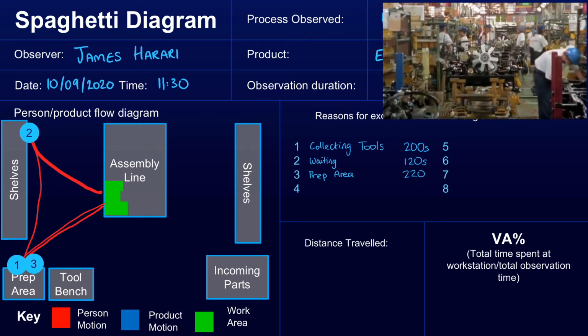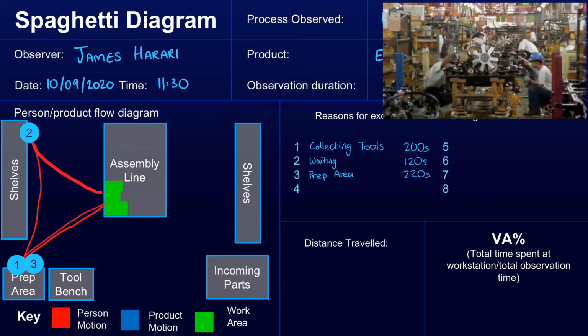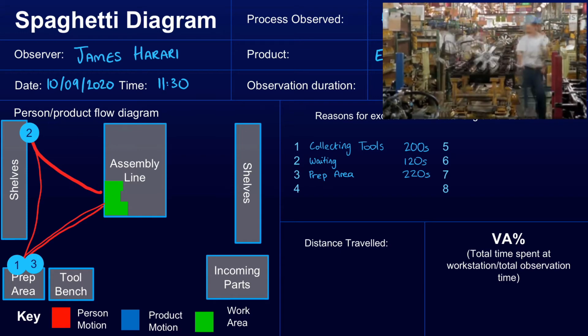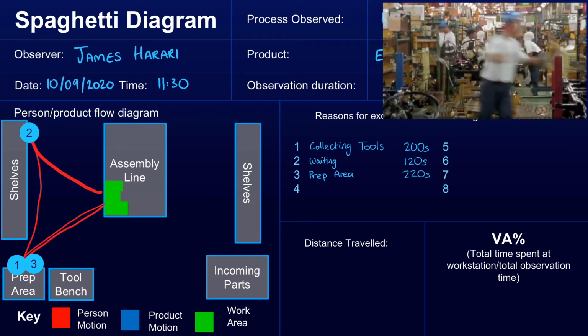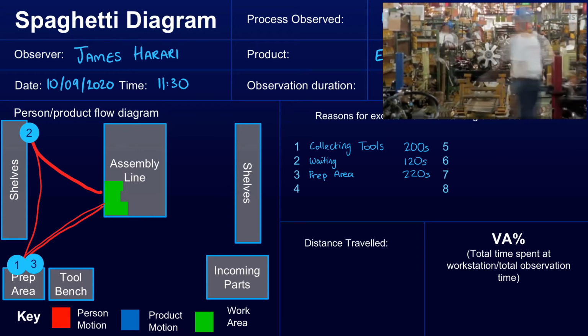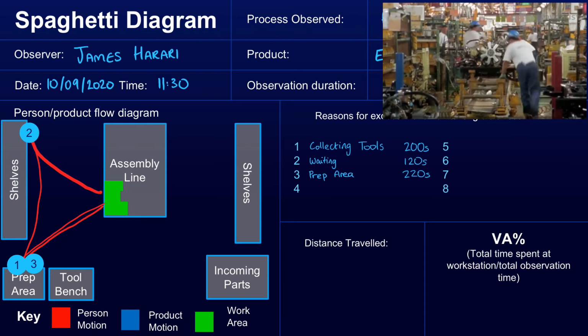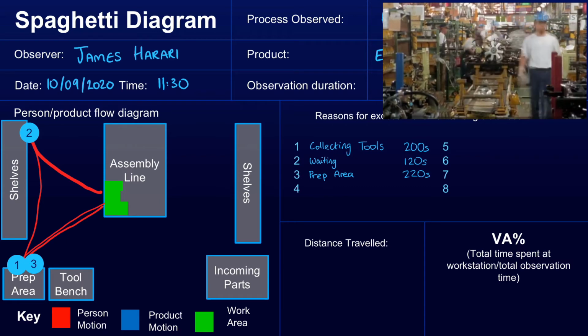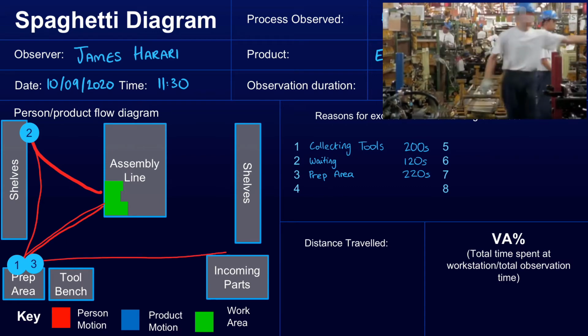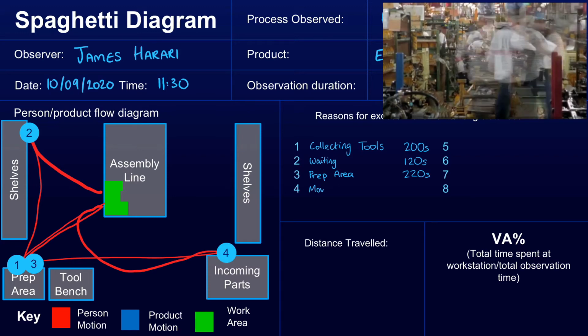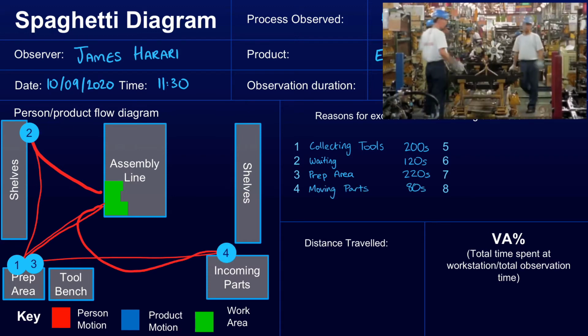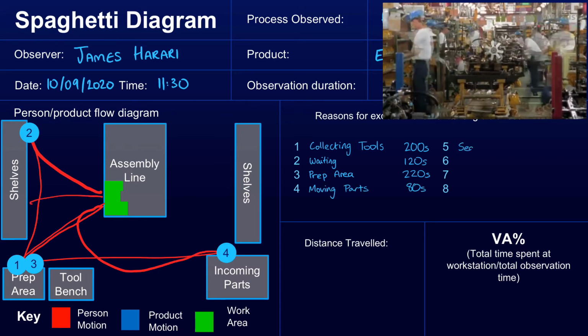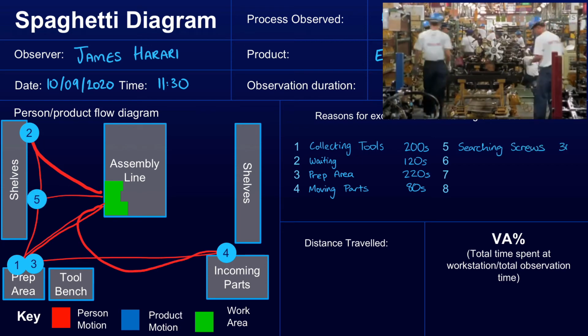While the operator is in the preparation area, if you haven't had a chance already, please look at the investigation section and the product and person flow diagram to see how they've been populated. Now he's back and he's moving parts. He starts searching for screws.